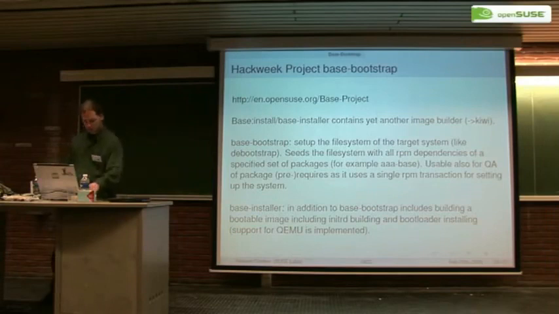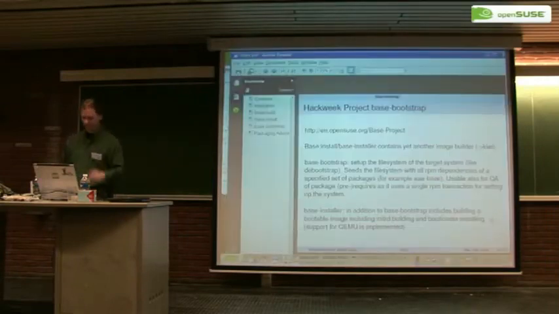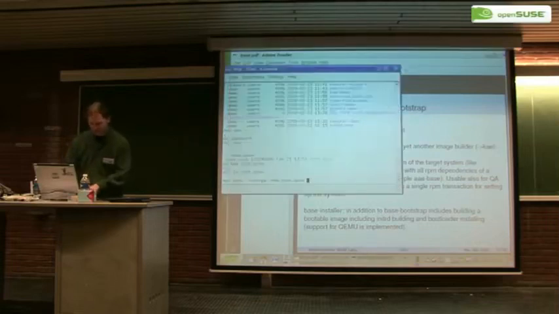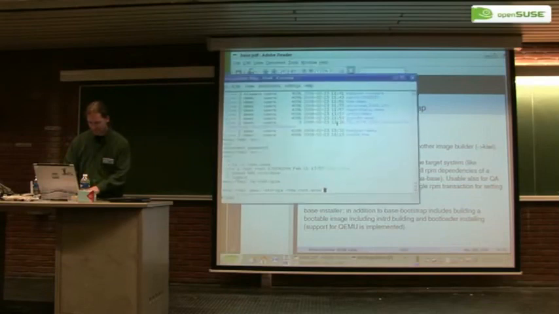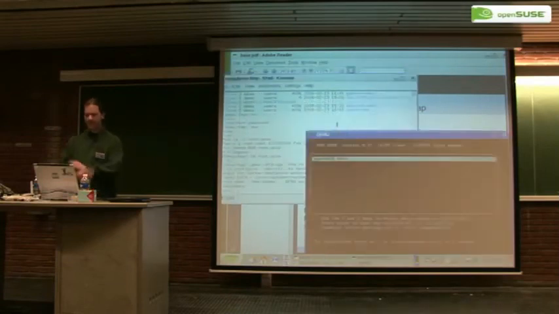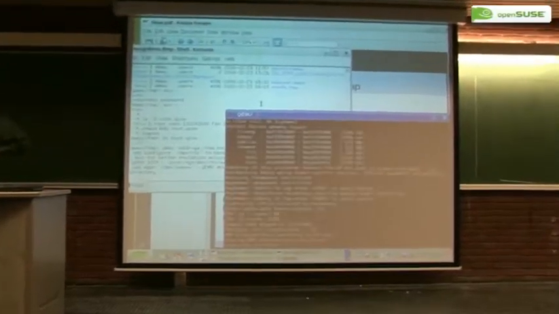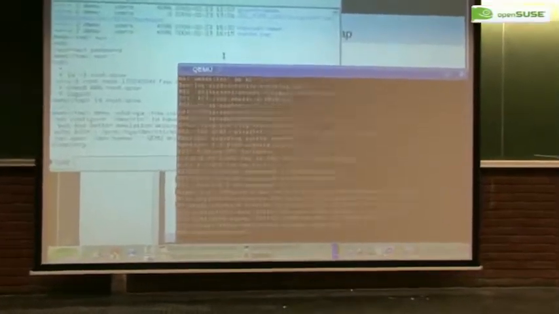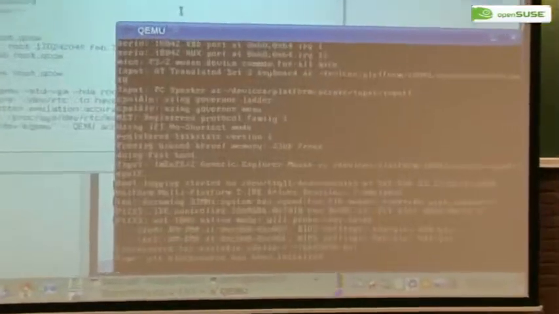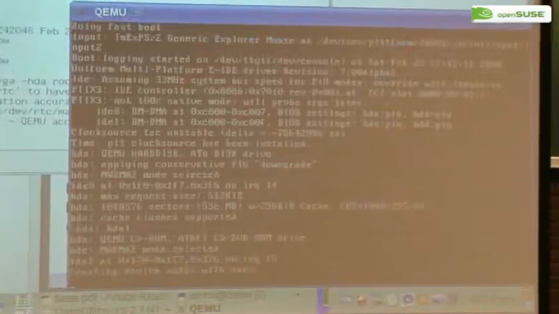I have a short demo prepared. I already prepared an image. So this is an image which only contains the kernel, the initrd, and a base.